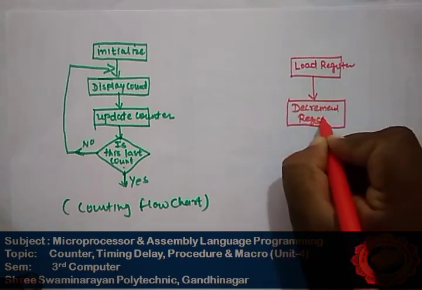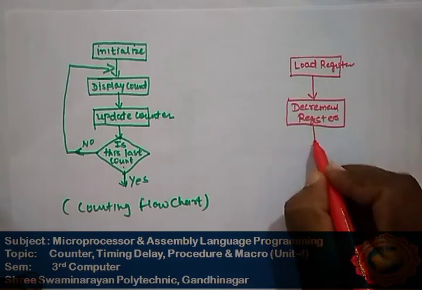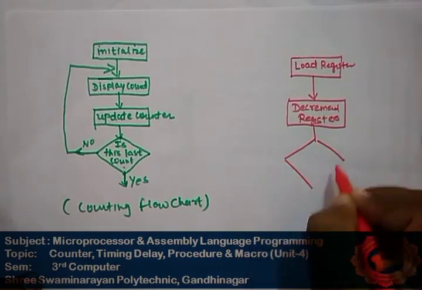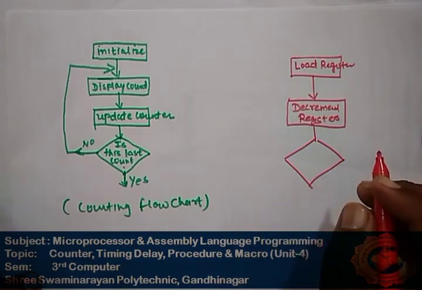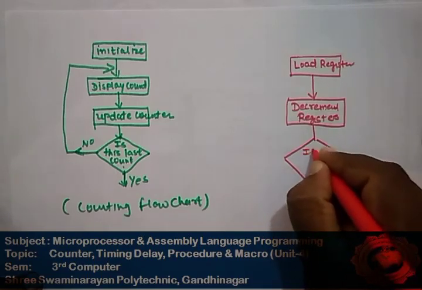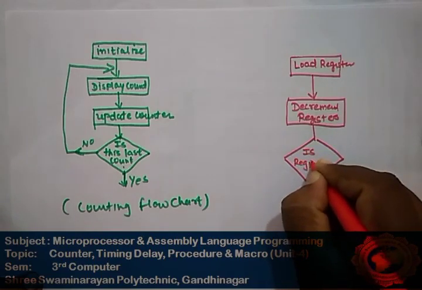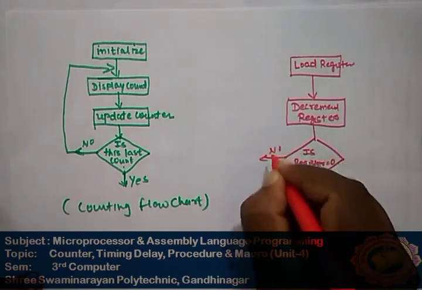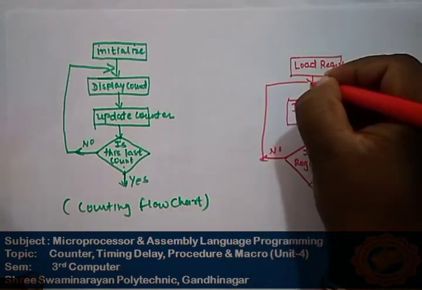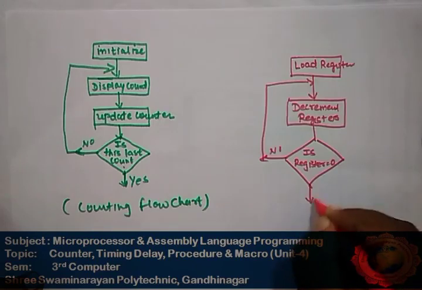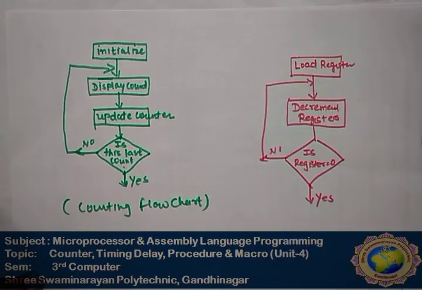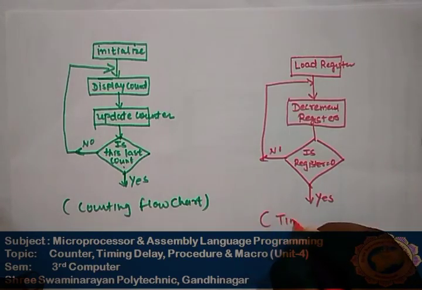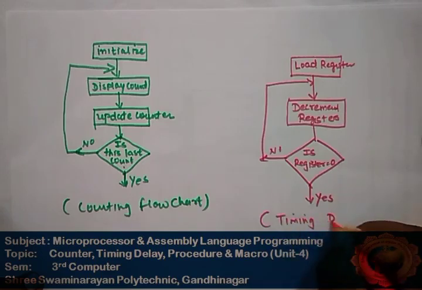Then see the condition: is the register equal to 0? If it is no, it goes back and decrements the register again. If it is yes, it goes to the next procedure. So this is the flowchart of the timing delay.